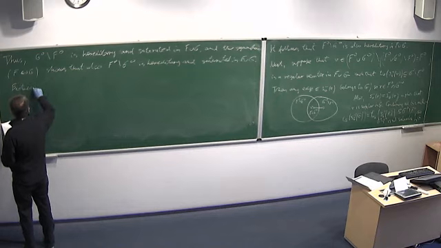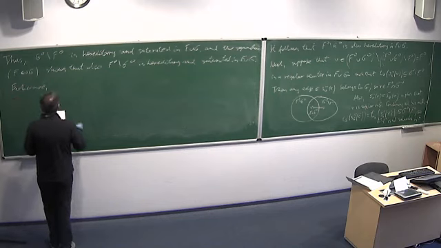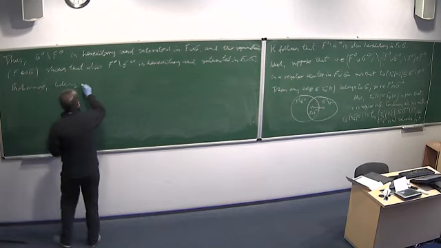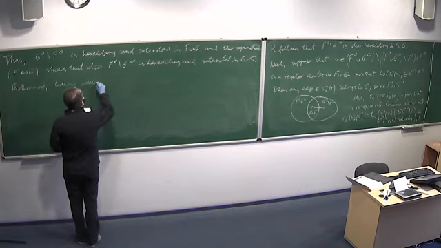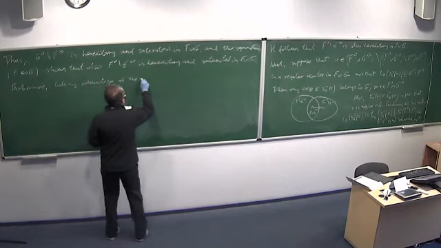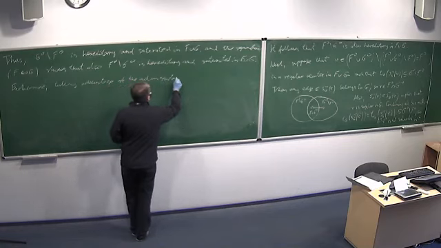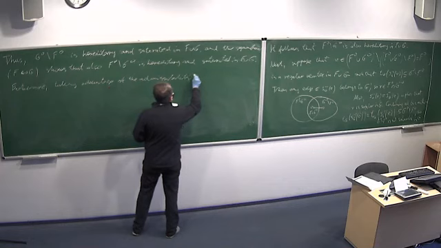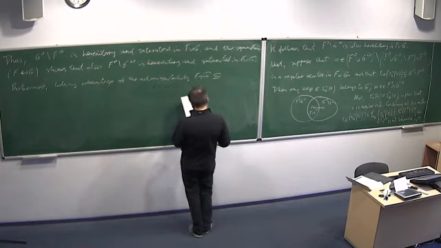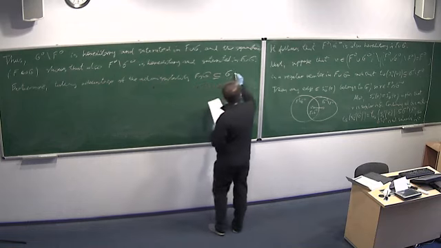Furthermore, taking advantage of the admissibility of the intersection viewed as a subgraph in G, we compute.